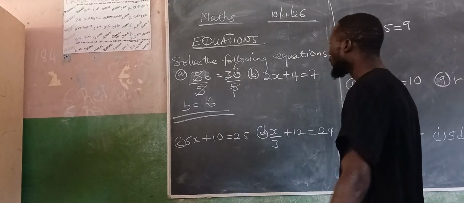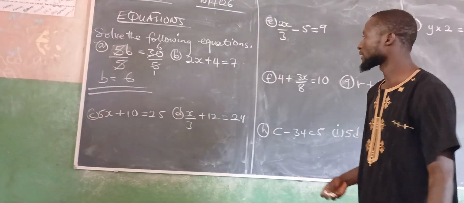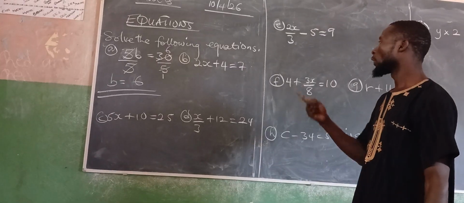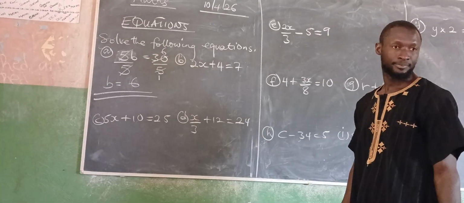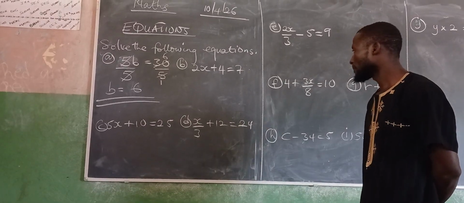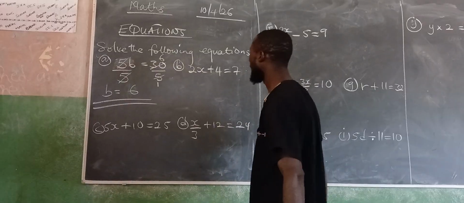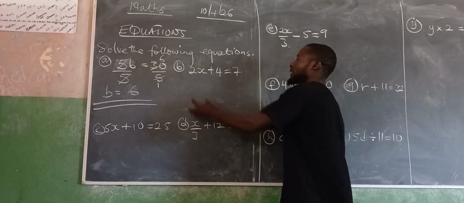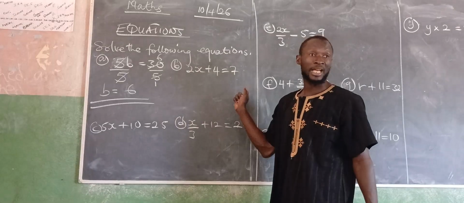Now from there we will look at the second question, which says 2x plus 4 is equal to 7. If you look at this equation, we have three terms. The first term is 2x, the second term is 4, and the third term is 7.